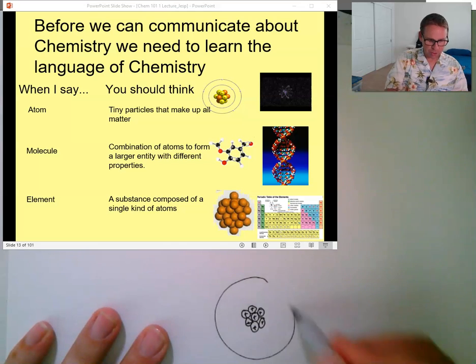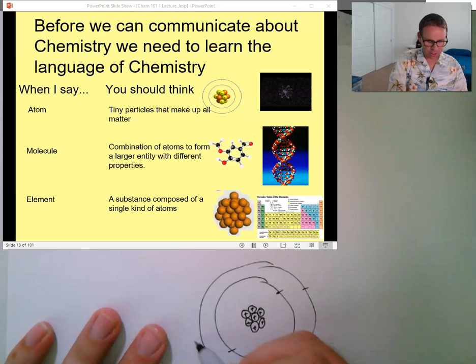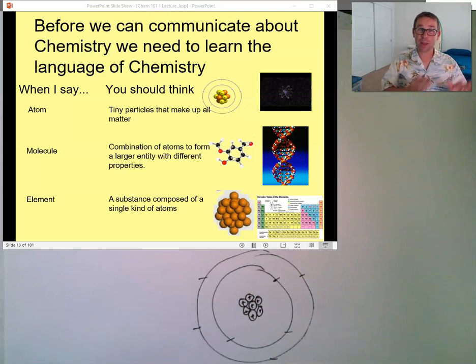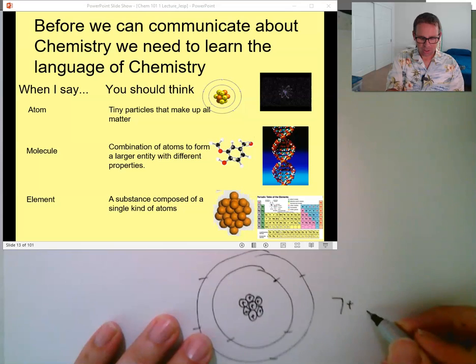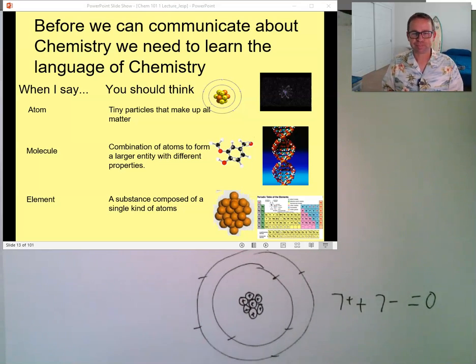And so with those 7 positive charges, I also need 1, 2, 3, 4, 5, 6, 7 negative charges. So the number of positive charges is the same as the number of negative charges, and that makes my atom uncharged. No more positives than negatives. It's exactly the same. So if I have 7 positives and 7 negatives, the result is no charge. Can you see that?